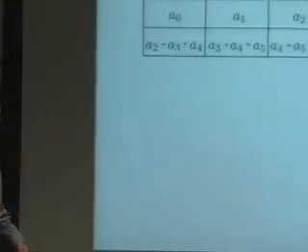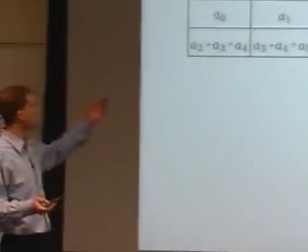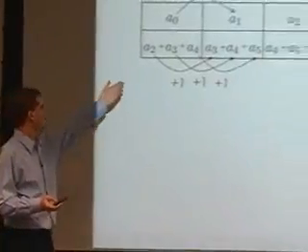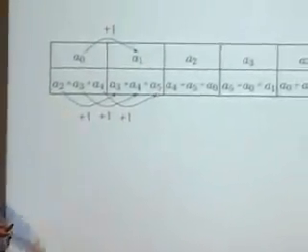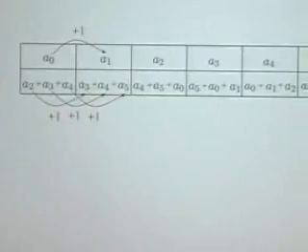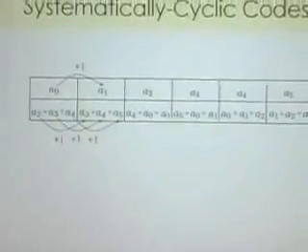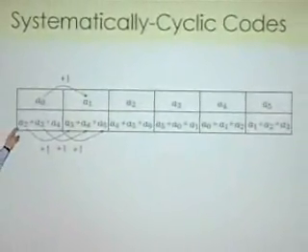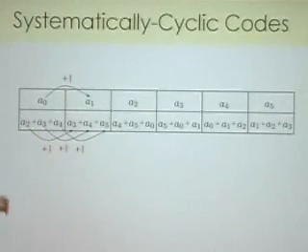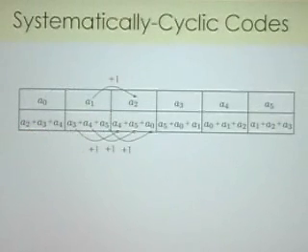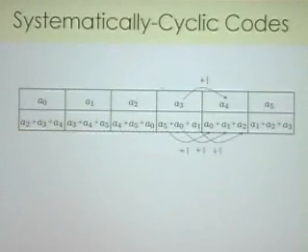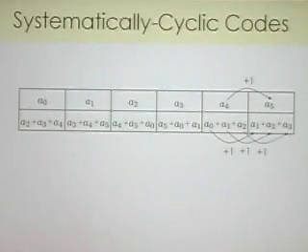A systematically cyclic array code means that each column can be obtained from the column to its left by adding 1, modulo 6 in this case. So basically, this column determines all the other columns. You add 1 each time, and you get all the encoding rules of this array code.